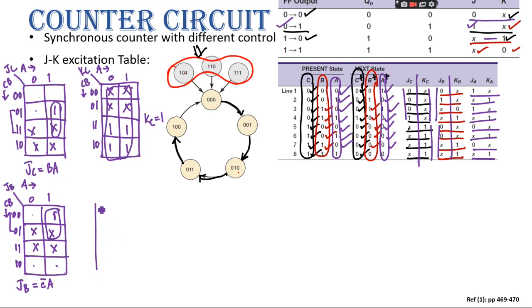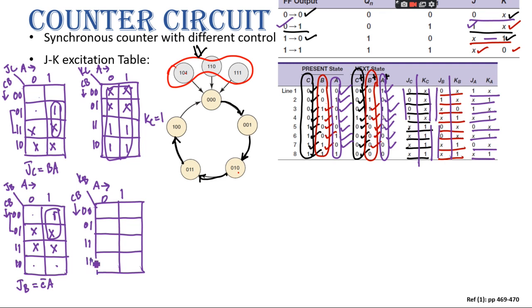And my KB. So for KB, if I put CB along this direction and A along this direction, 0 1 0 0 0 1 1 1 1 0. So for KB it should be don't care 0 1, and then don't care 1 1.